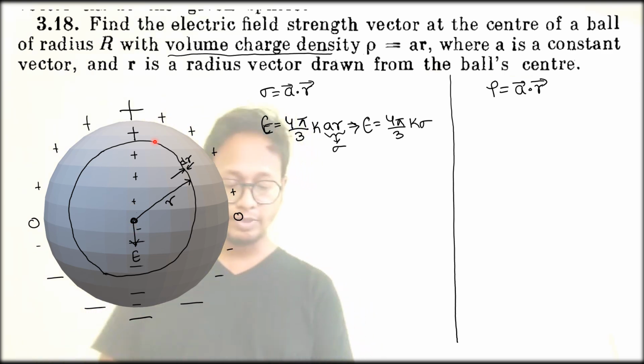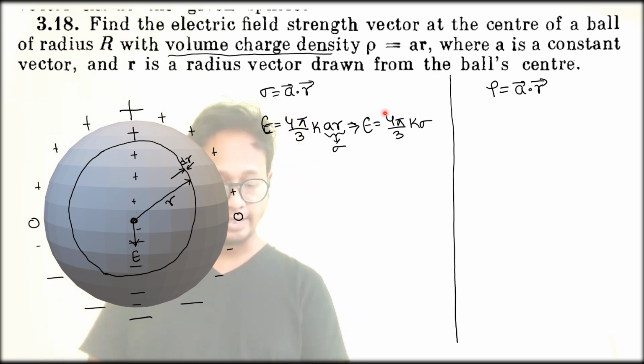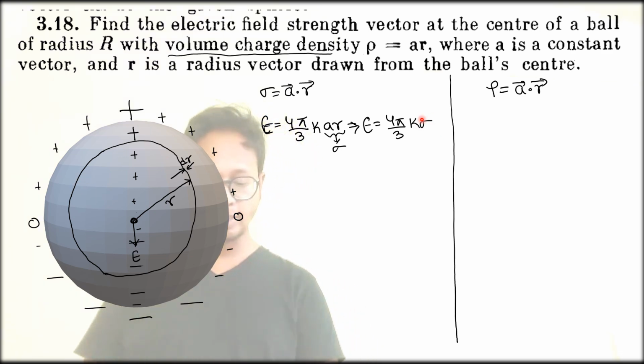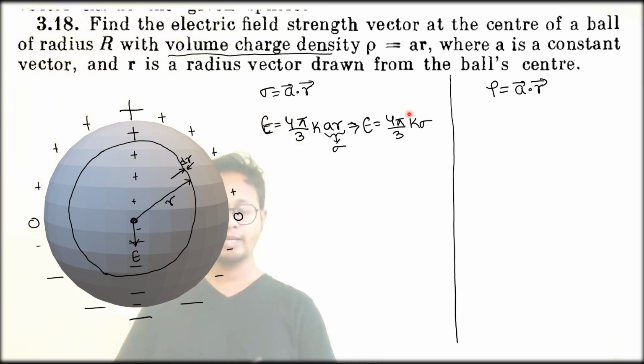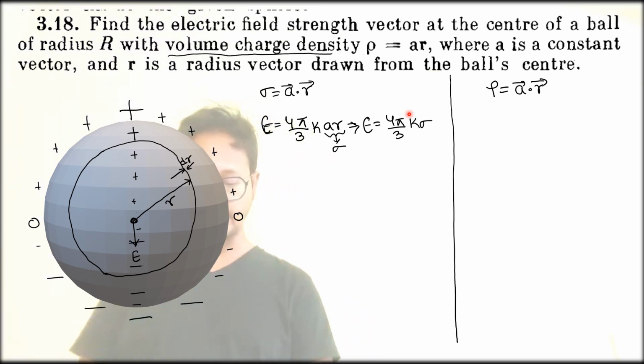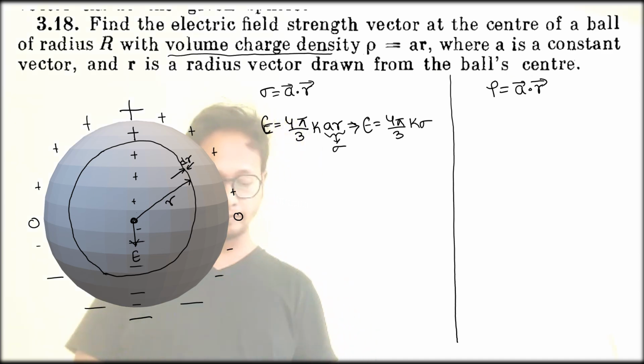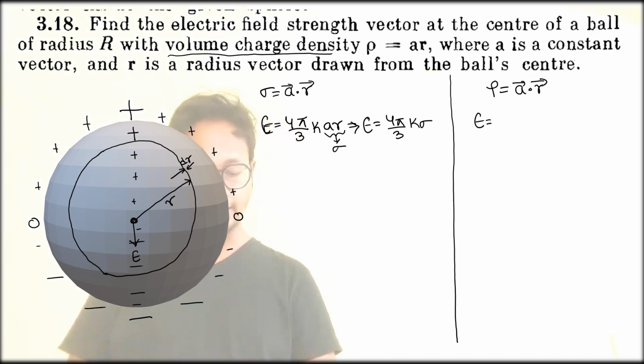It will be given by this formula, where sigma is nothing but the charge distribution. Understood? We'll have the same formula. Now, if I integrate this equation from 0 to r, we'll get the electric field due to the whole span, no? So the electric field is equal to 4 pi by 3 k into sigma.